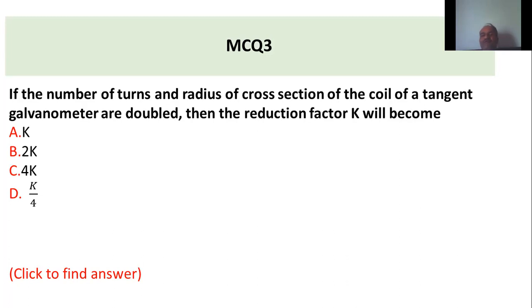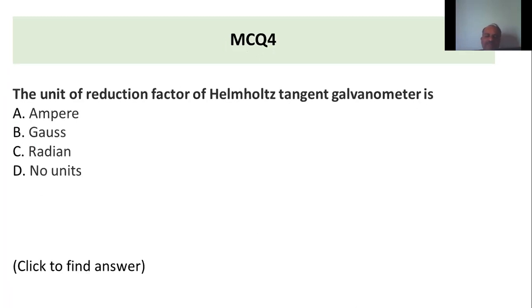Going to MCQ 3: if the number of turns and radius of cross section of the coil of a tangent galvanometer are doubled, then the reduction factor K will become what? It will not change, because the number of turns and radius of cross section are doubled, so it will not change.